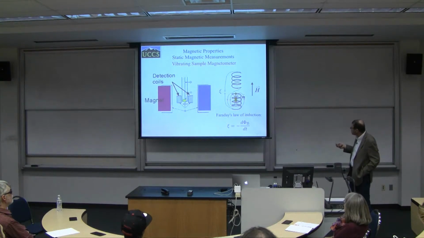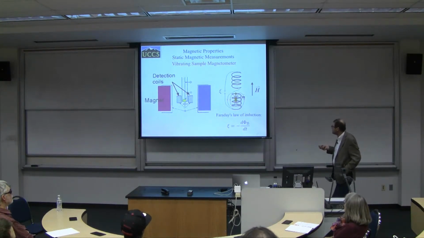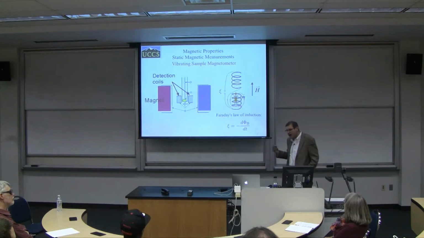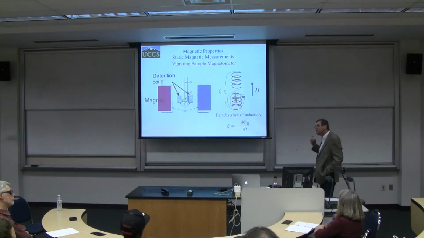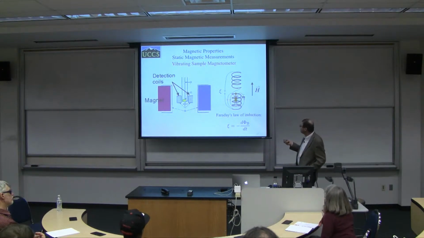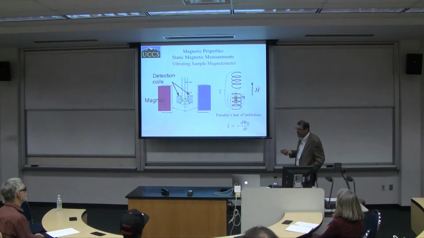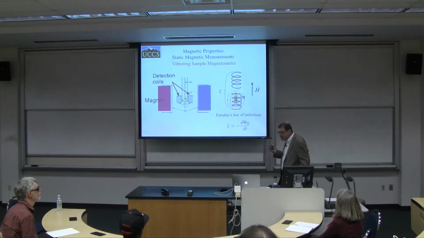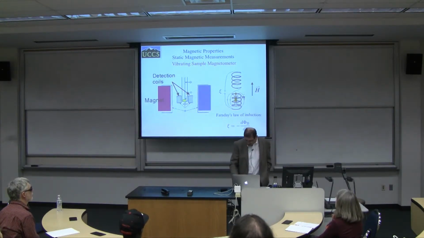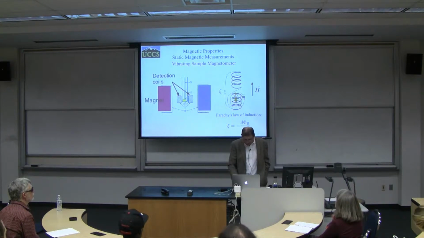You have a certain change of magnetic flux, and this change tells you how much magnetic material I have inside. If I do this measurement between the pole pieces of an electromagnet as a function of the applied field, I can determine the behavior of my material, basically measuring the hysteresis loop.